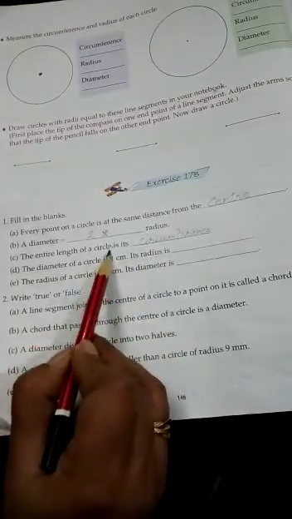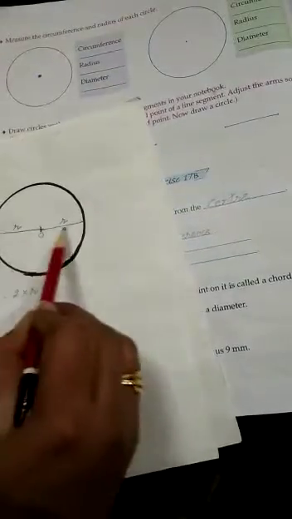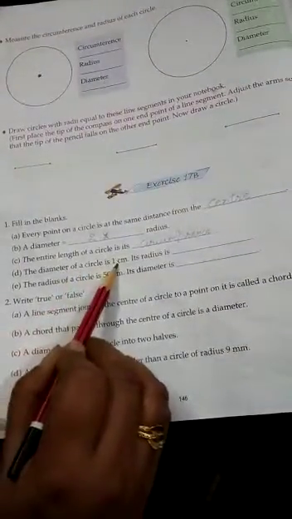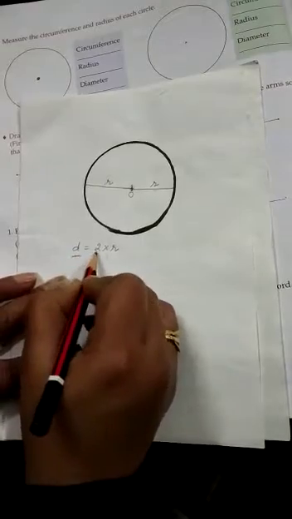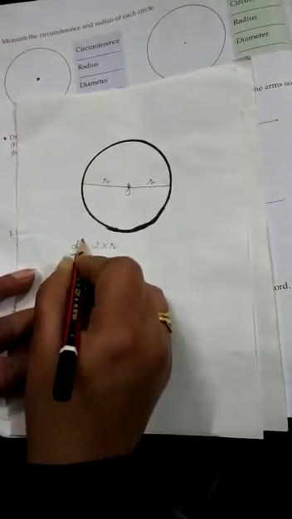Now the next part is the diameter of a circle is 1 centimeter. Its radius is, beta, you have given the diameter and you have to find out the radius. Diameter is equal to 2 times radius, but we have to find the radius.